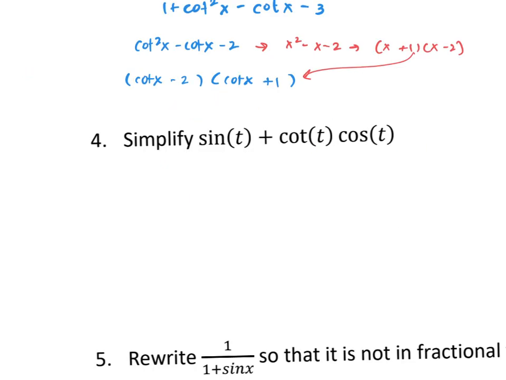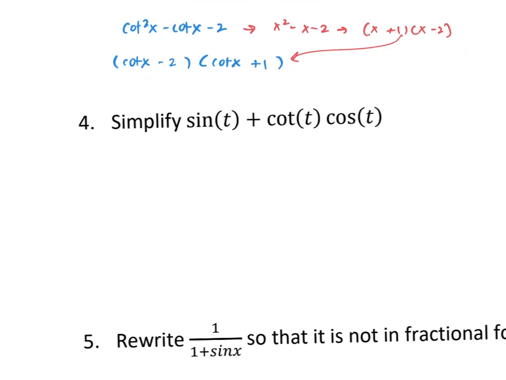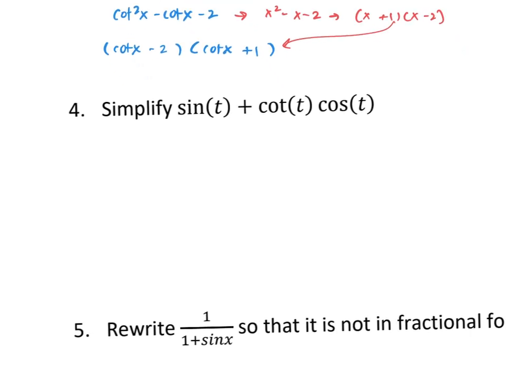All right, this next problem says simplify sine t plus cotangent t times cosine t. Okay, I'm first going to get everything into sine and cosine, and hopefully that can help us out. So cotangent can be written as cosine over sine, and then we're multiplying by cosine.